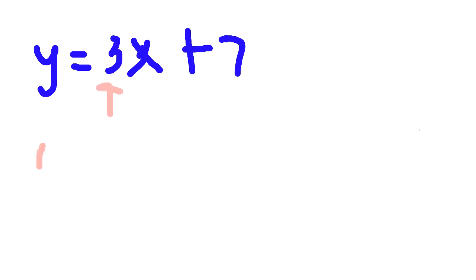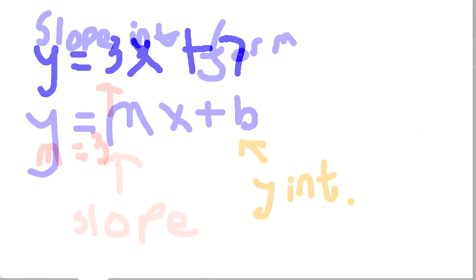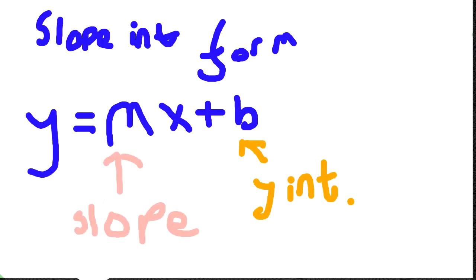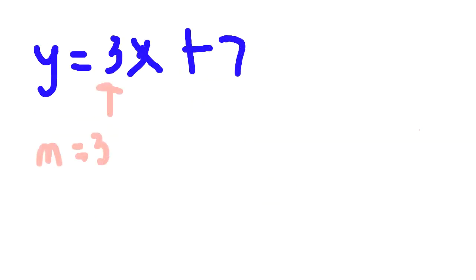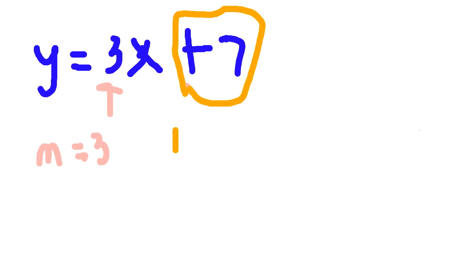So m equals 3. It's as easy as that. And the b, plus or minus, is your y-intercept. Your y-intercept is positive 7. So b equals positive 7. It's literally as easy as that.